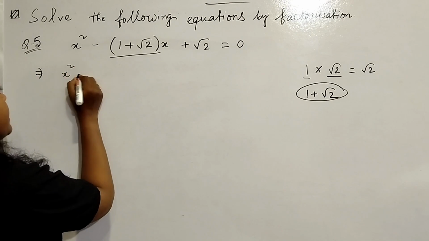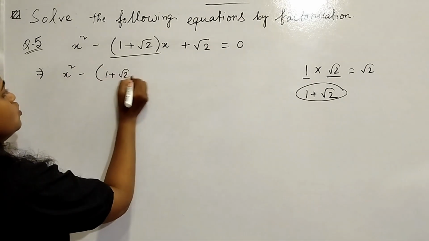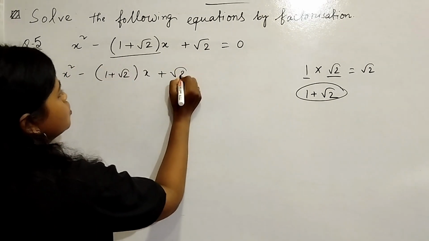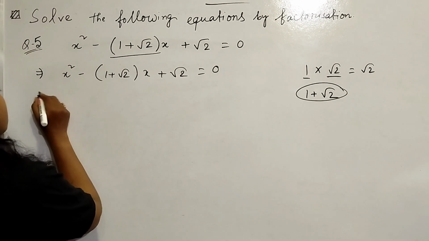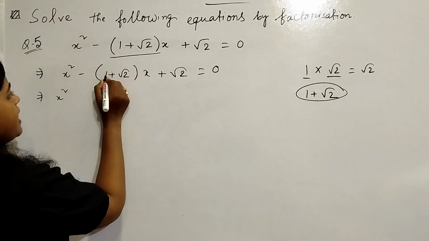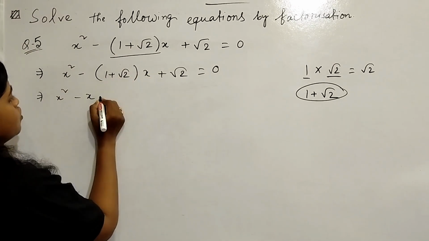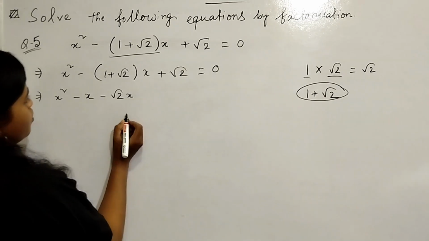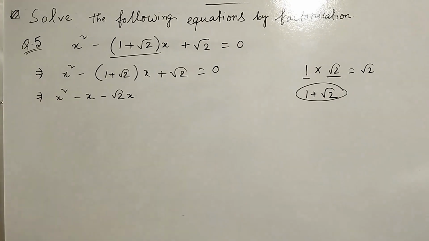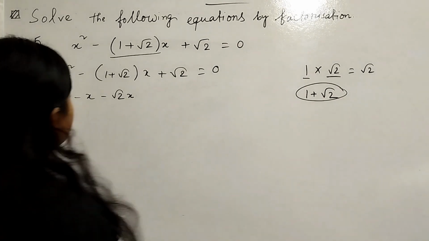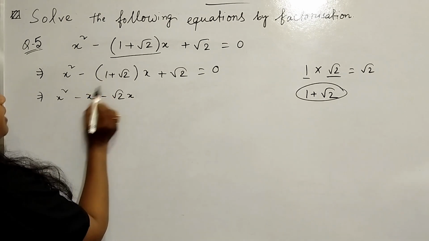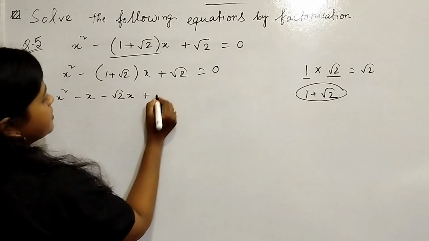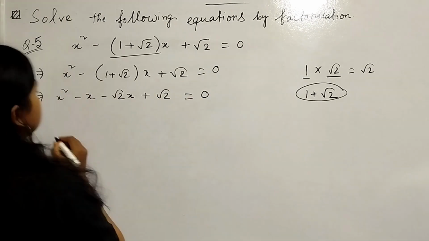So x square minus 1 plus root 2 into x plus root 2 equals to 0, or x square, x into 1 is x, and x into root 2 is root 2x, minus x minus root 2x, because plus minus minus and plus minus minus, plus root 2 equals to 0.